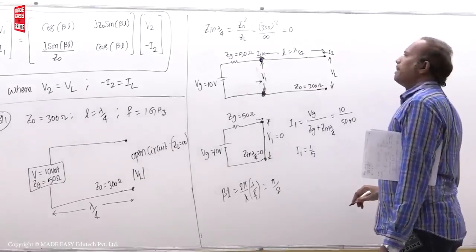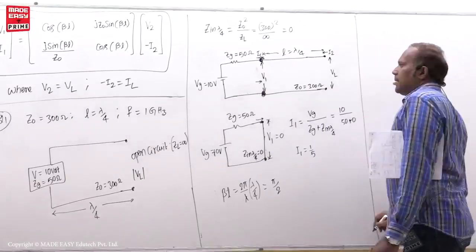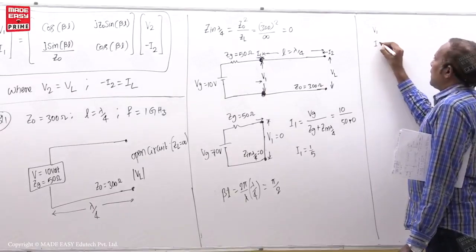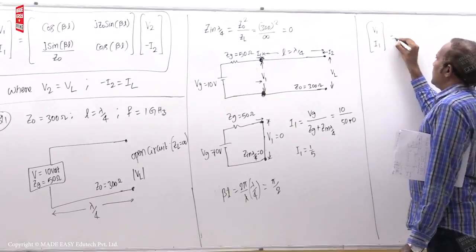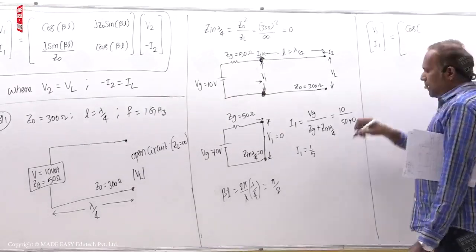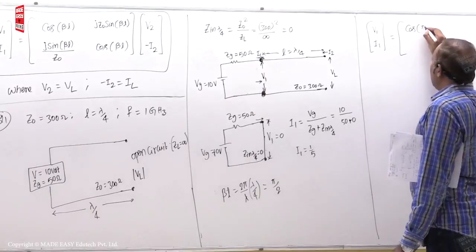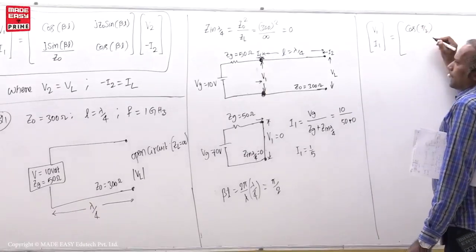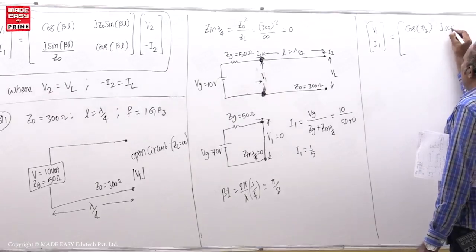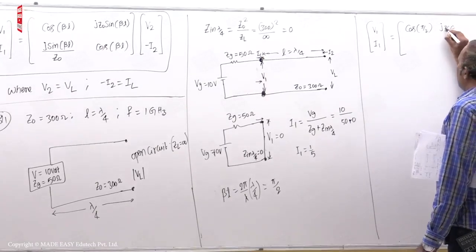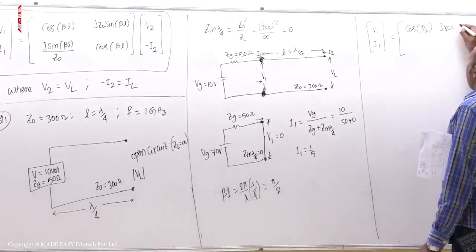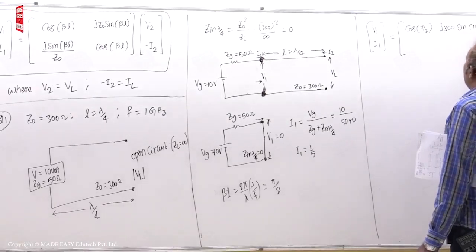So dear students, I will write V1, I1 is equal to, then cos of beta L means what, students? Pi by 2. Next, j Z0, how much is given? 300. Z0 is 300. Sin pi by 2.